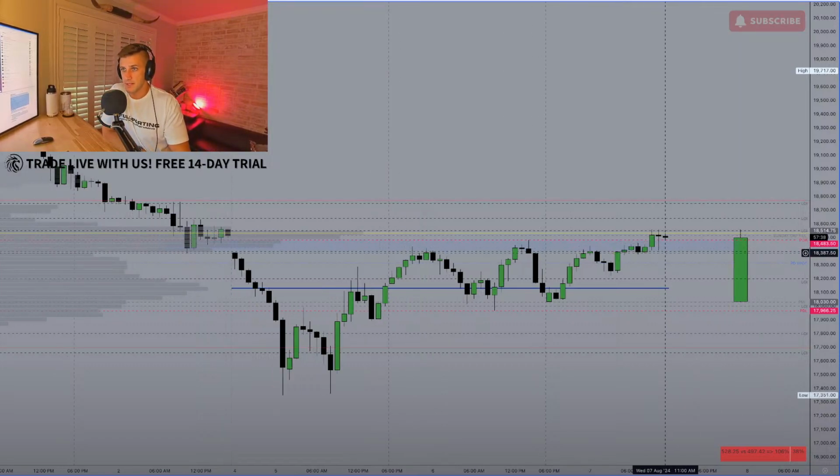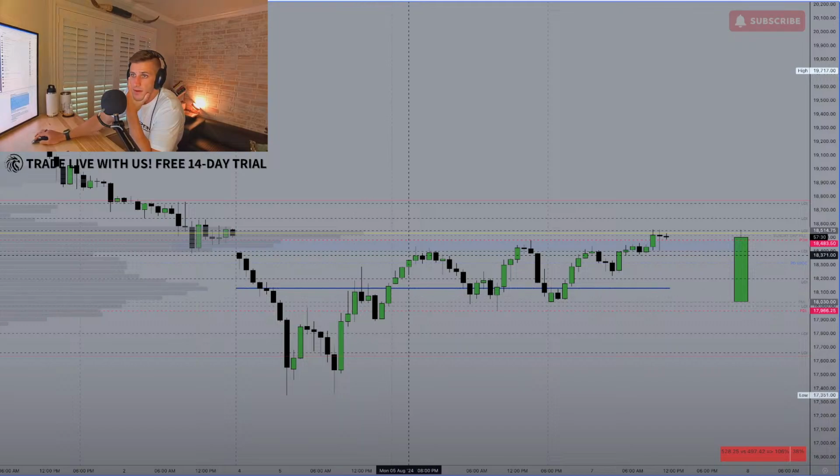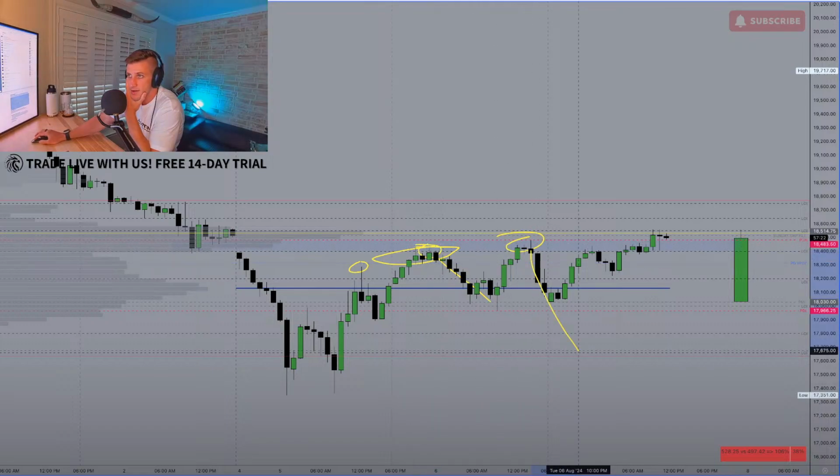Definitely. Because just like I had said earlier, look at how this structure is built out. Here's a high, price breaks that high, pulls in, price breaks that previous high, pulls in, right? Price is now breaking that previous high. Does it pull in?